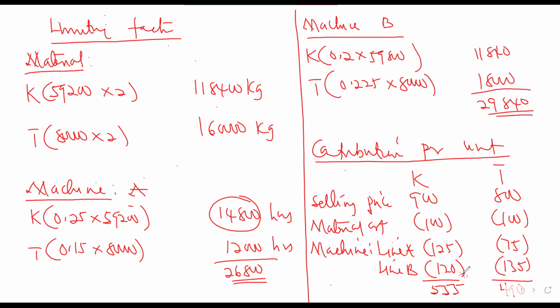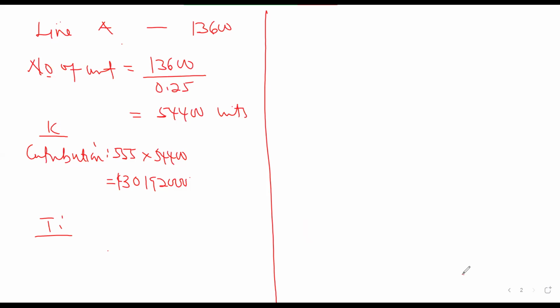Yes. Okay. If we are producing product T, how many units can we produce? The total material available is 136,000 kilograms.